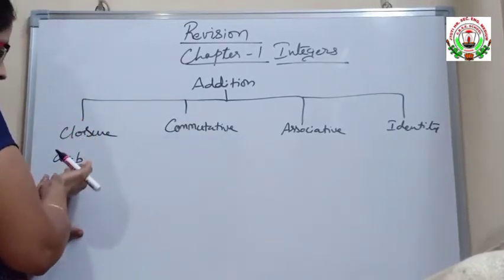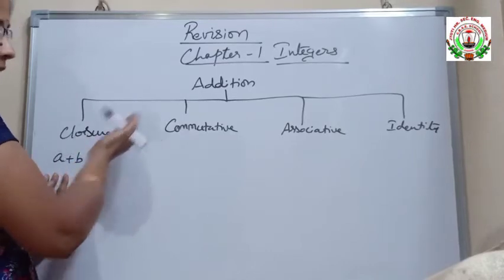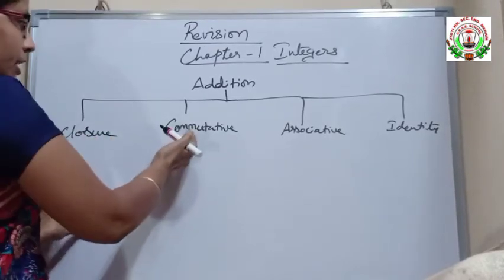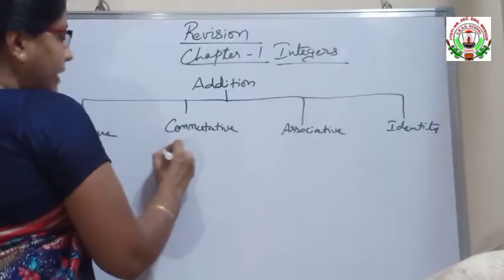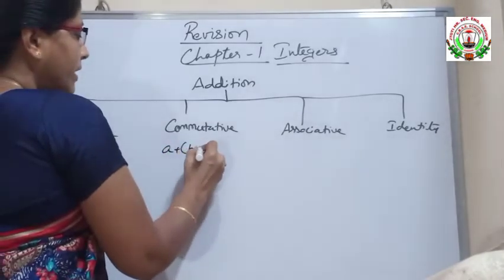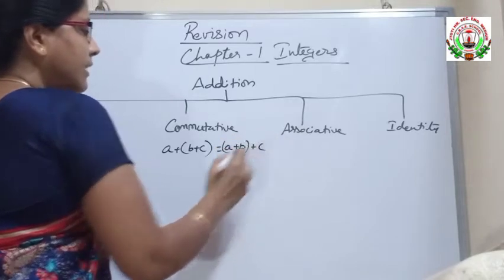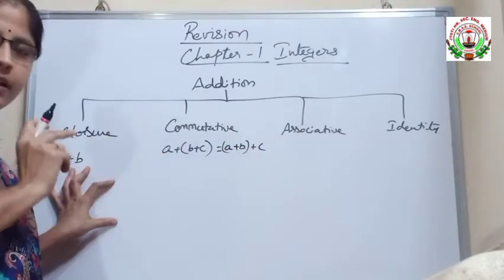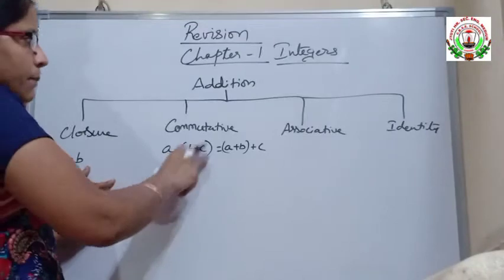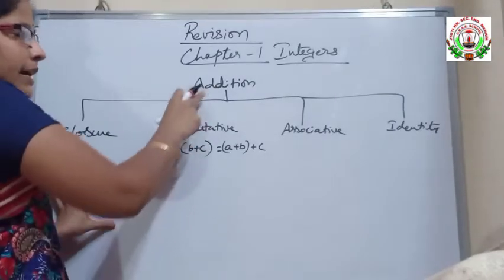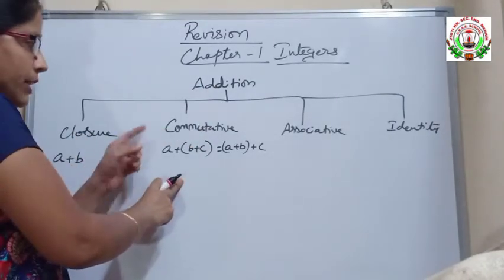So integers are closed under addition. So that is the closure property. Commutative property, when you take any A plus B plus C, it will be A plus B plus C. Means commutative property is applicable for integers under addition. This is your commutative property.